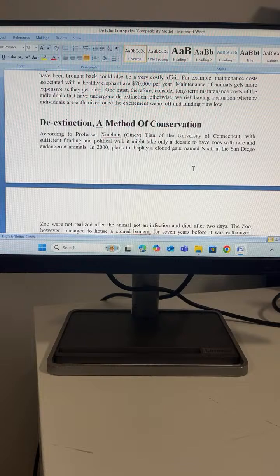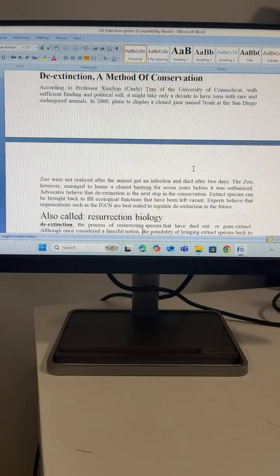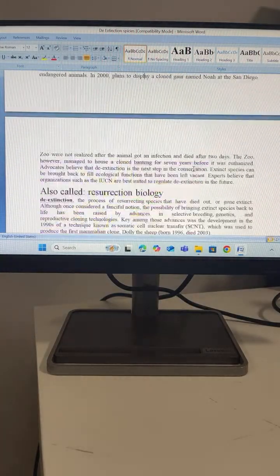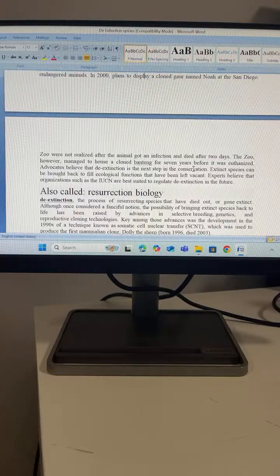In 2000, plans to display a cloned gaur named Noah at the San Diego Zoo were not realized after the animal got an infection and died after 2 days. The US, however, managed to house a cloned banteng for 7 years before it was euthanized.